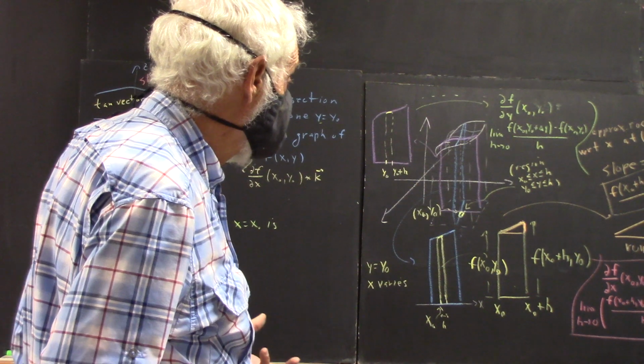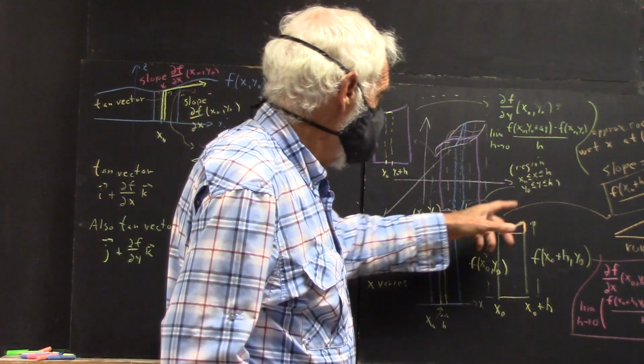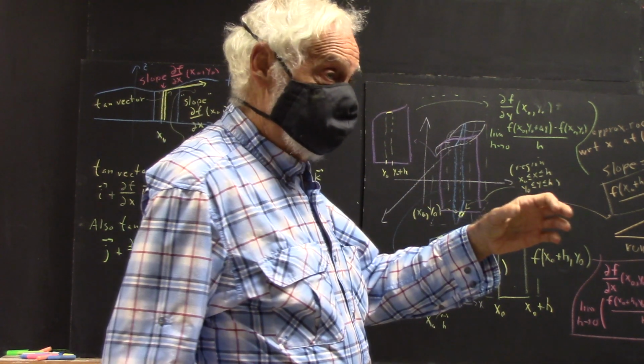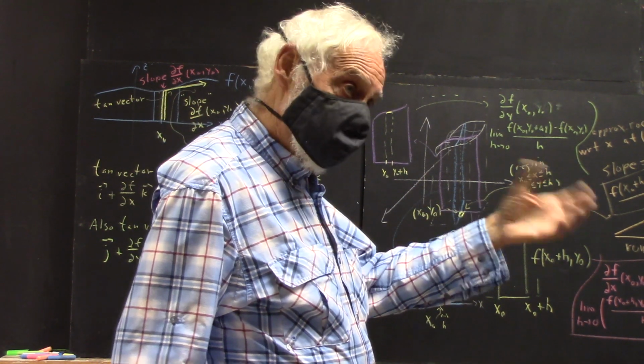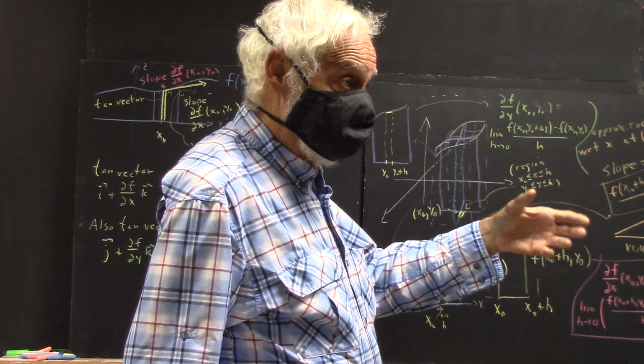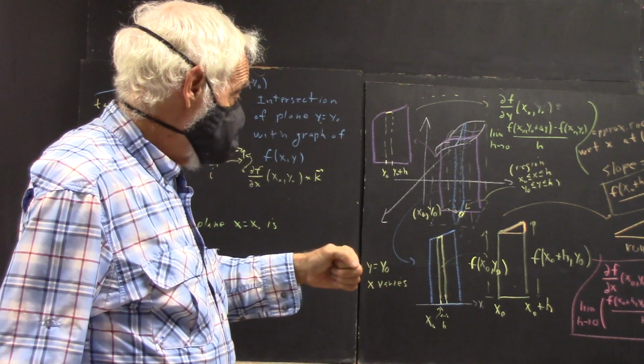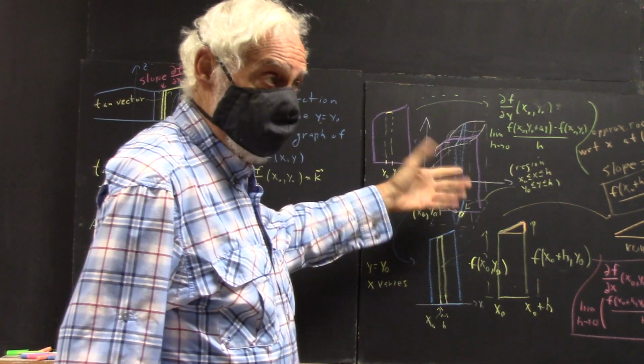Now, if you confine this region so that this thing fits within a small ball, in higher dimensions, okay? You shrink this thing down, then H has to shrink in both dimensions.